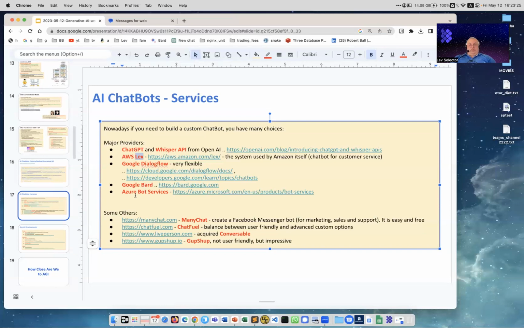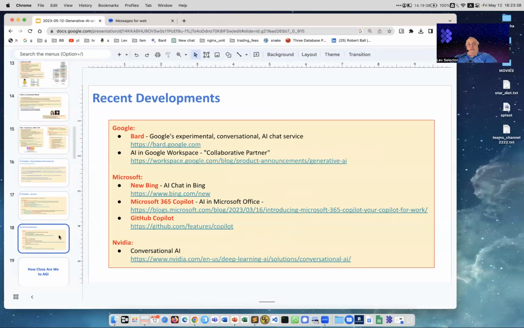Well, Google Bard, this is a new thing. I tried Bard. I didn't like it as much as ChatGPT. And Azure bot services, and there are some other bot services. Okay, so recent developments: Google Bard, collaborative partner. Microsoft issued a new Bing.